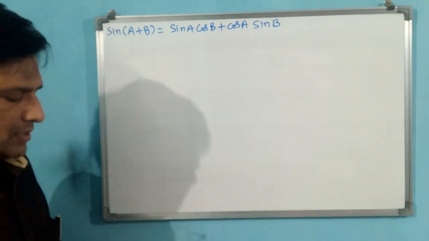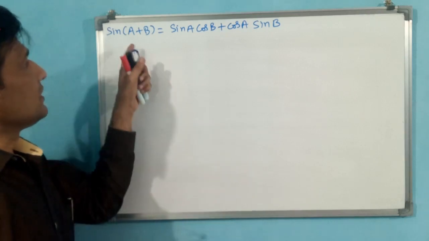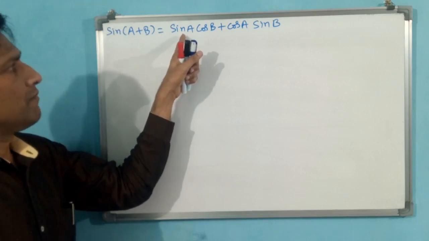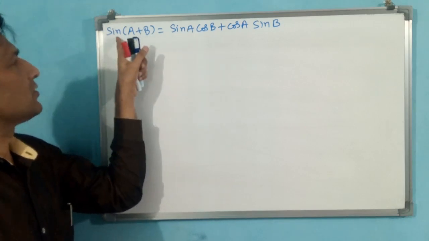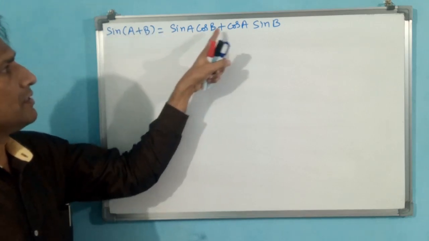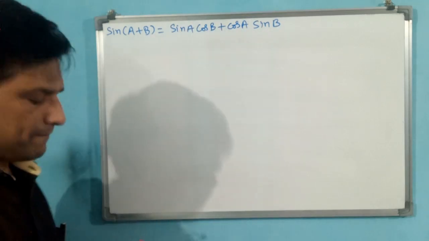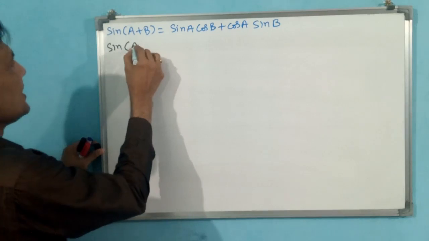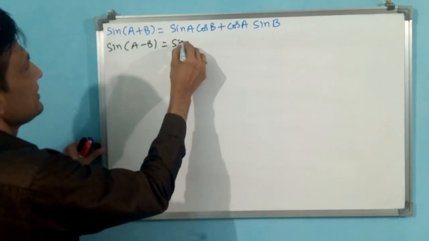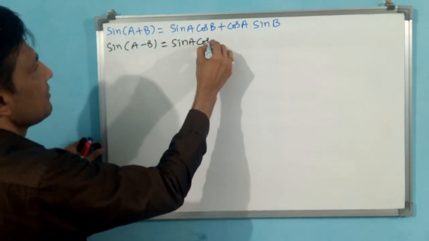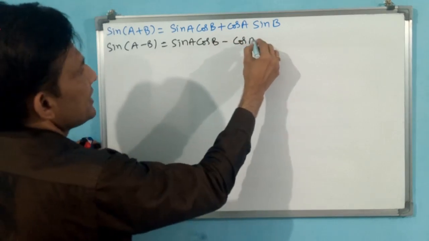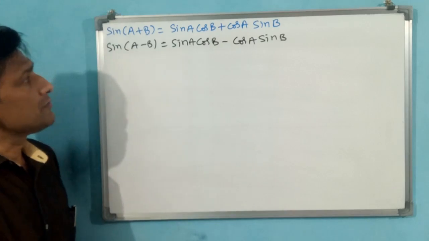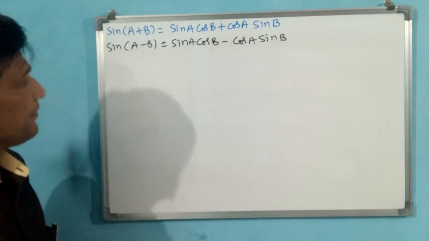So the logic also you have to observe: first sin a will come because of sin a cos b, then cos a sin b. Plus comes plus, minus comes minus. Sin a cos b minus cos a sin b.